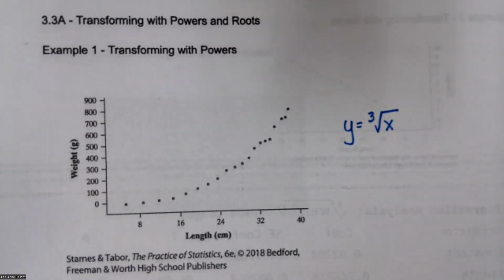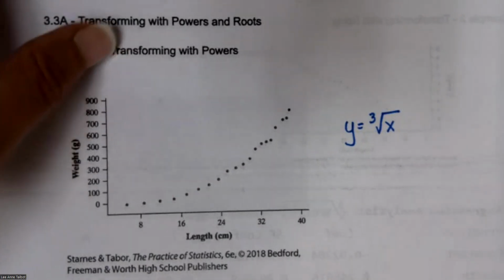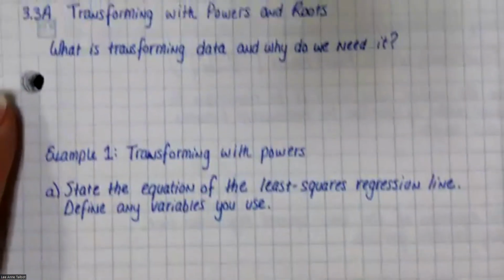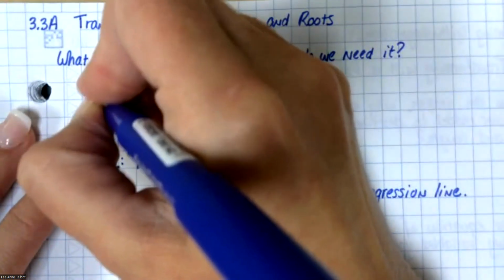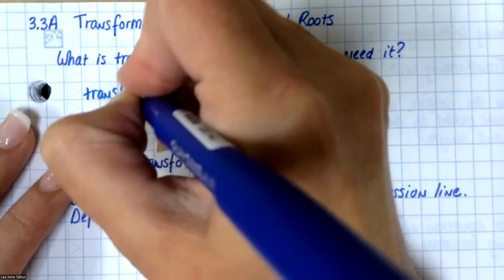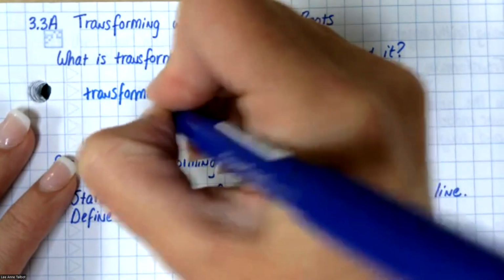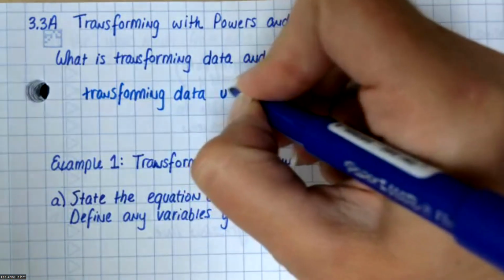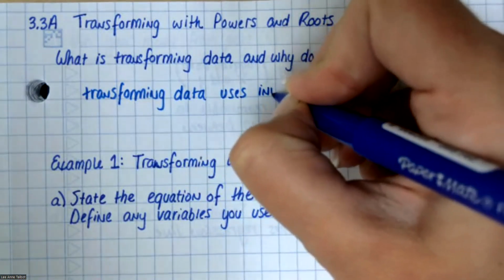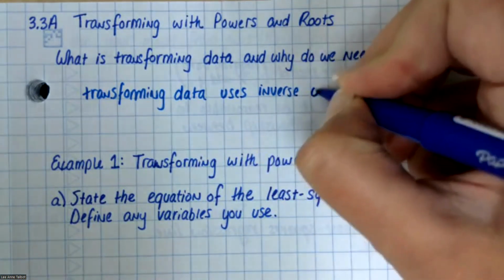Okay, now what we need to do is figure out, so first let's answer this question. What is transforming data and why do we need it? Transforming data uses inverse operations.